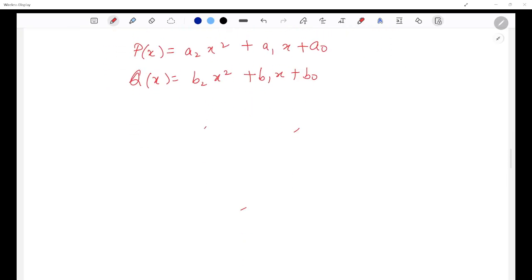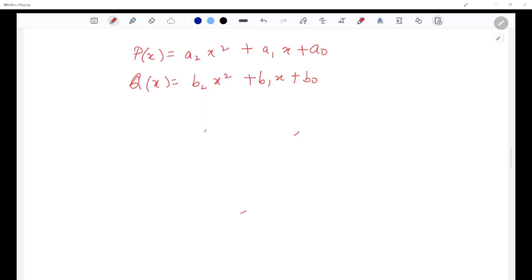Now we want to construct the rows from P(x) and then Q(x). So let's start with P(x). First row, the coefficients of P(x), and then we shift. We multiply it by x and then shift it. The coefficients of P(x) are a2, a1, a0, and 0.